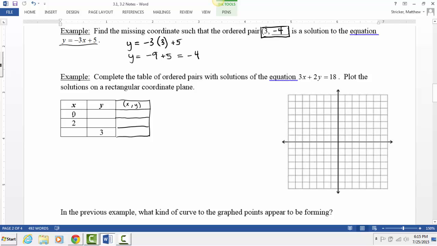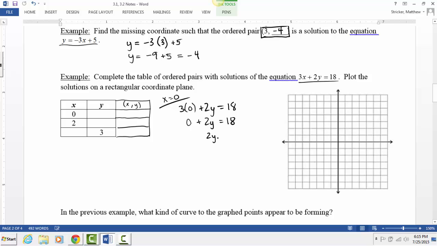So our first choice here is when x equals 0. If I plug in x equals 0, this equation becomes 3 times 0 plus 2y equals 18. Of course 3 times 0 is 0, so this is 0 plus 2y equals 18.